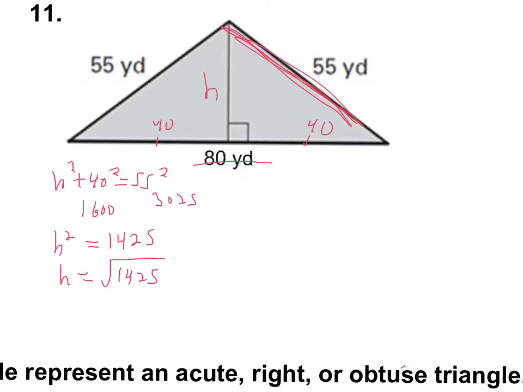So let's just try and divide it by anything that we can. I see that the last two digits are 2 and 5, so I'm going to divide this by 5. 1425 divided by 5 is 285.